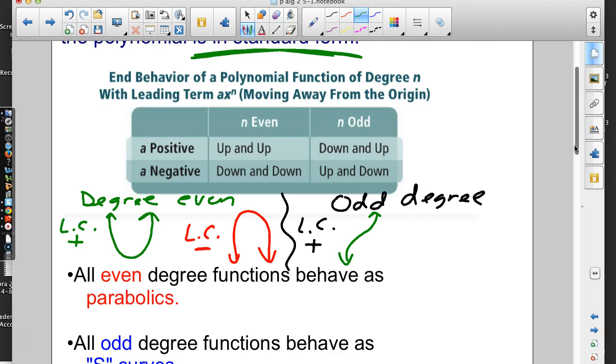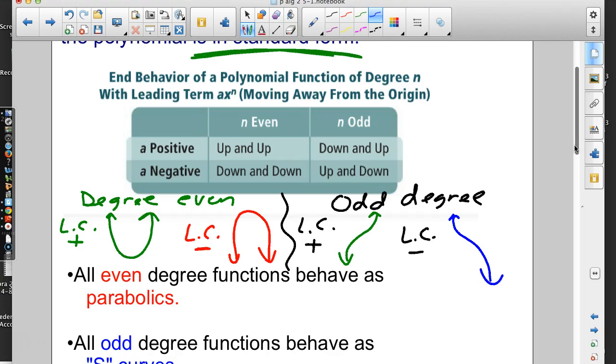And if your leading coefficient is negative, it's going to look like it's been flipped over, reflected over the y-axis. So these take a little more thinking. I mean, it's kind of nice with even degrees. They're both always the same. They're either both up or they're both down.